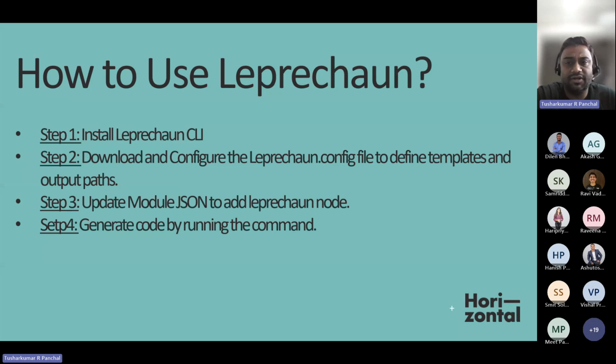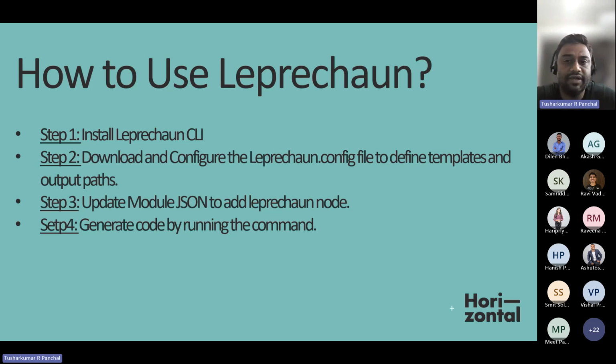For that, we run a .NET tool command, which installs the Leprechaun CLI. The second step is that there is a Git repo where we have the Leprechaun default config and the code generation file, which we need to download from there and set up in our local system.